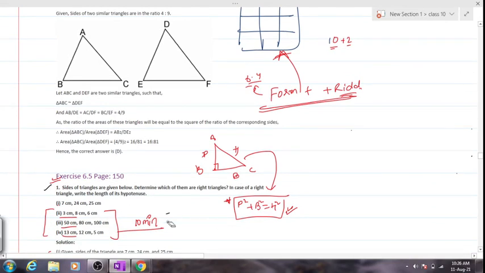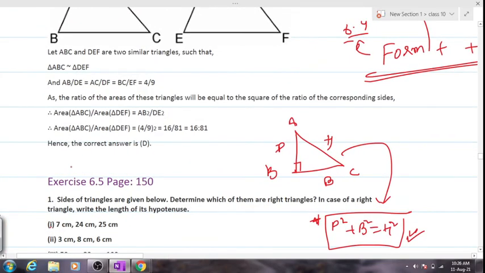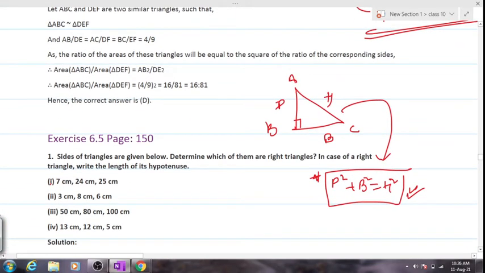Now, question number 1 was given as a homework yesterday, right? Yes or no? We had already proved that the first one was a right angle triangle. Reason being, 7 square was 49.